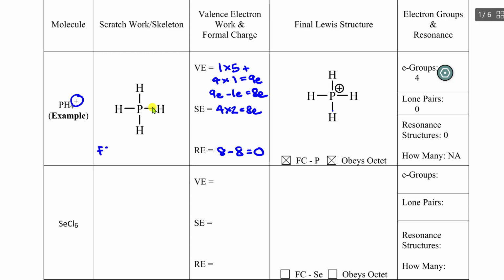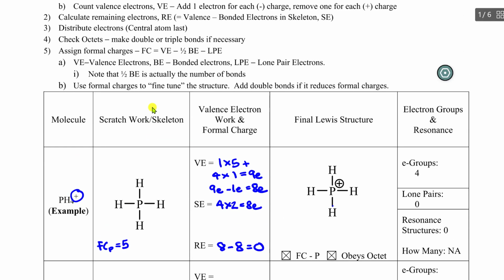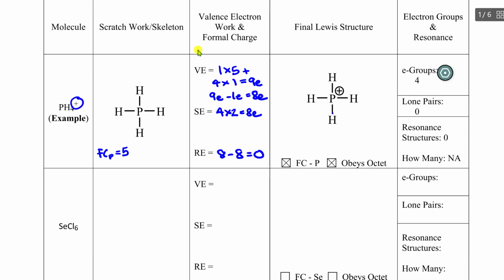Phosphorus has 5 valence electrons, and the formula we use is this right here: valence electrons minus 1/2 the bonded electrons. The bonded electrons are these ones, 2, 4, 6, 8. So that's going to be 8 over 2.